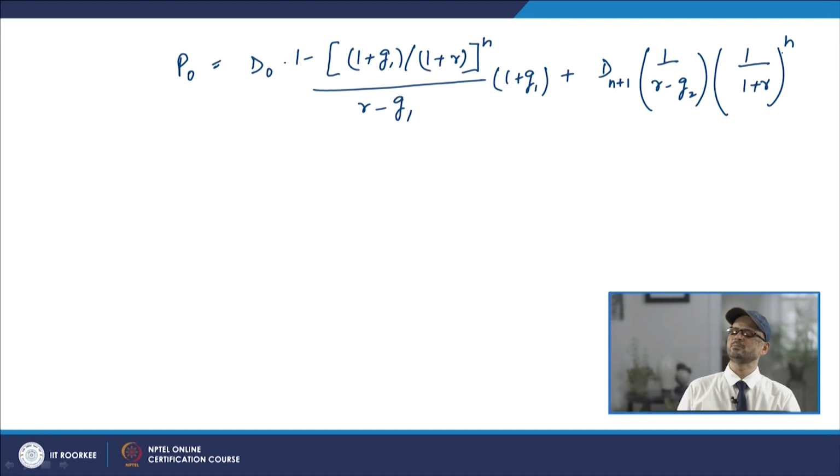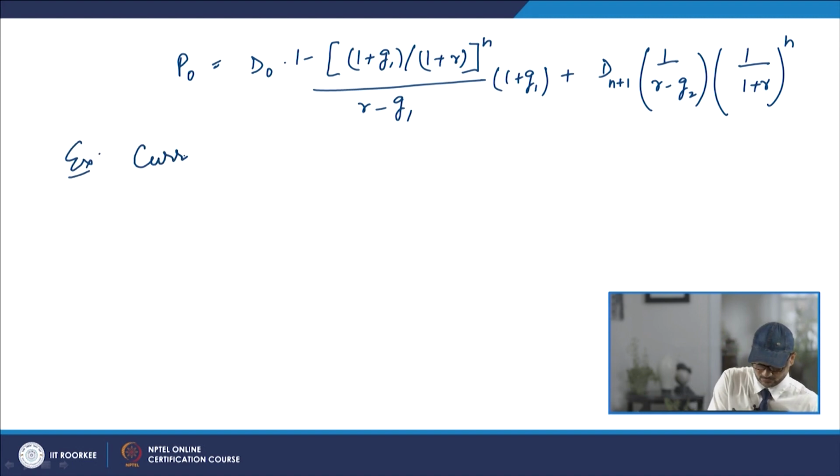So, this can also be understood with one example. Suppose the current price per share of a corporation is to be found out.